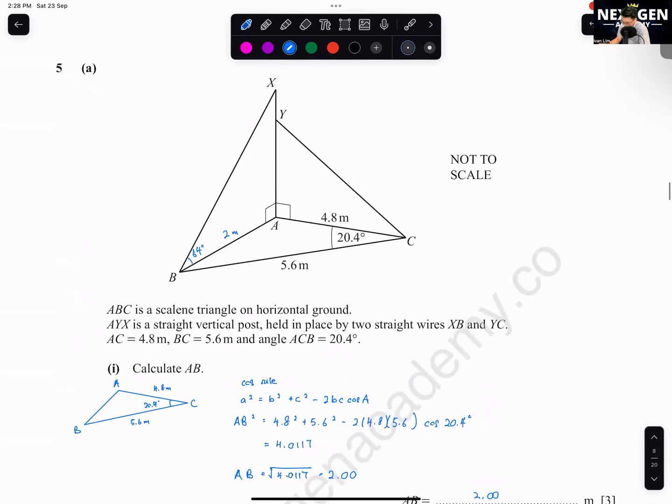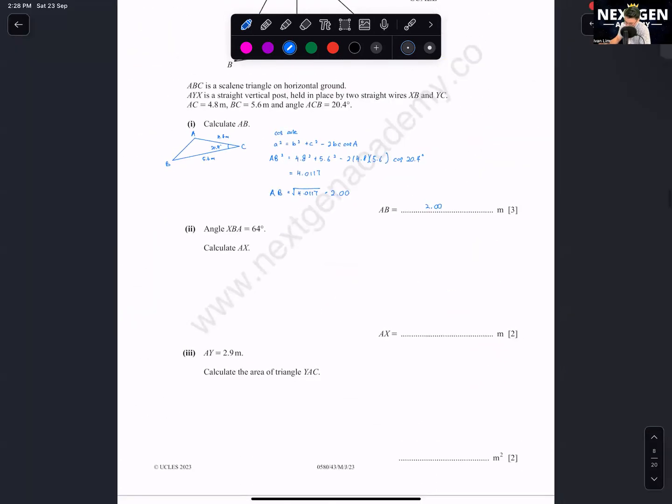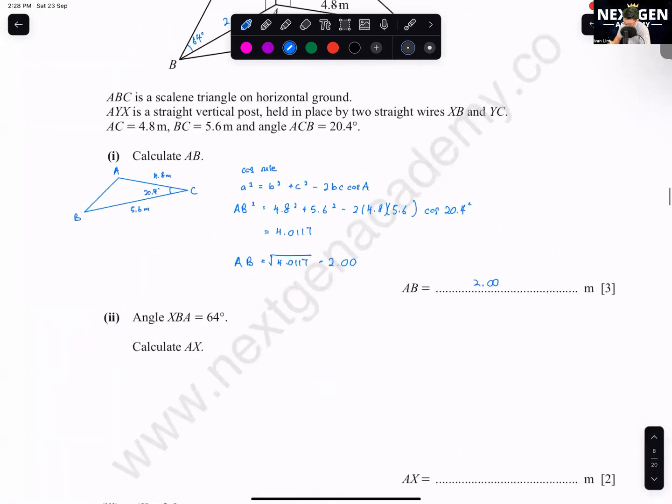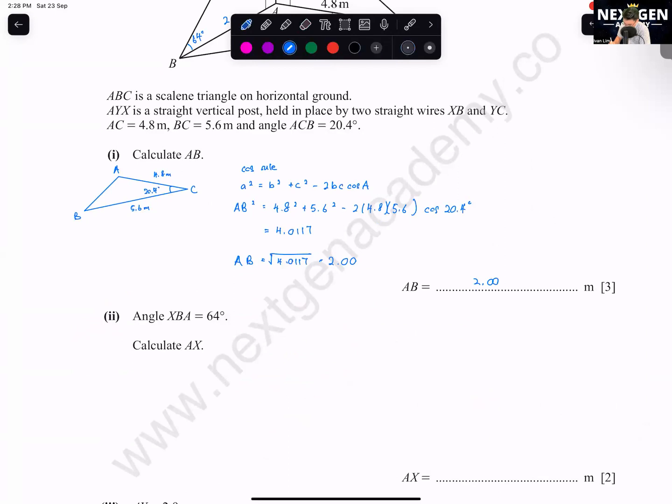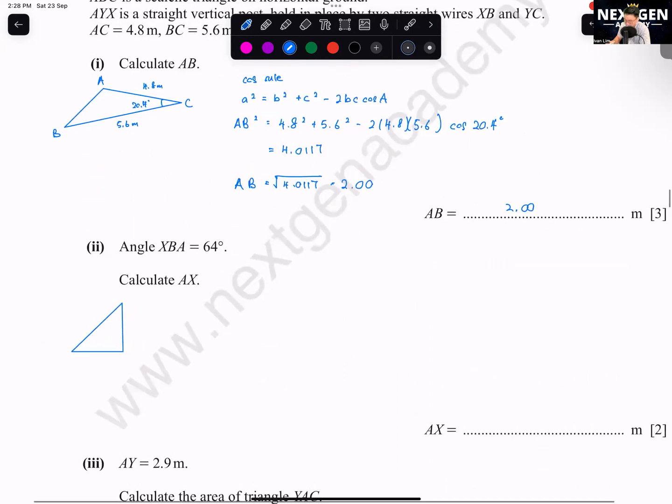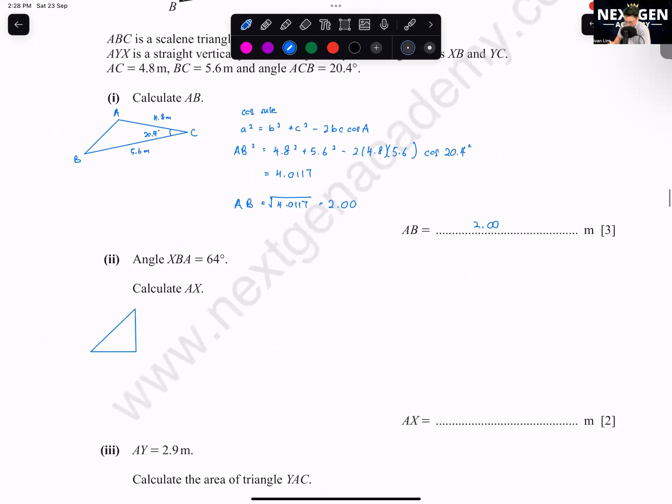What else do they give us? We know the down there. So we're going to use this triangle here. Let's do this right angle triangle. So BAX here will be equals to 64 degrees.